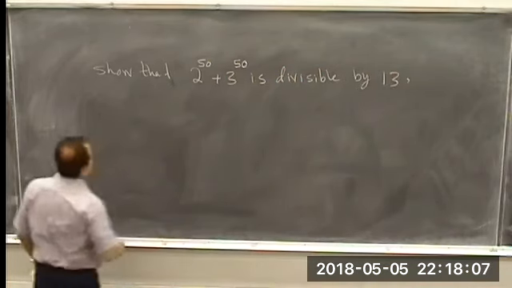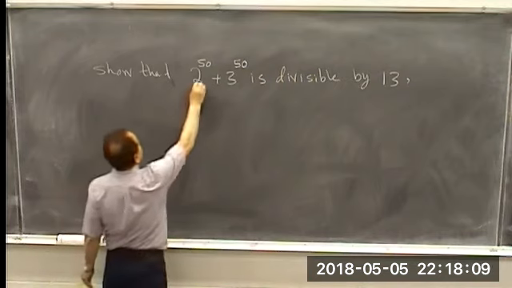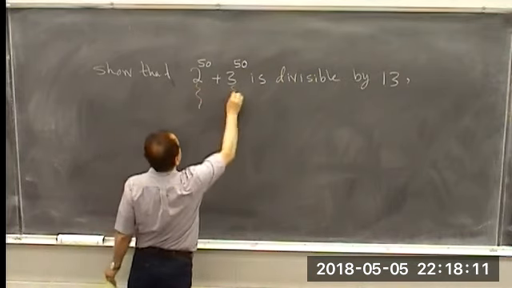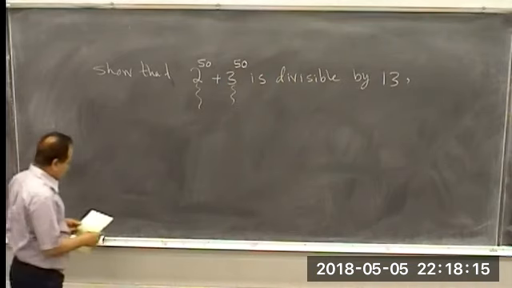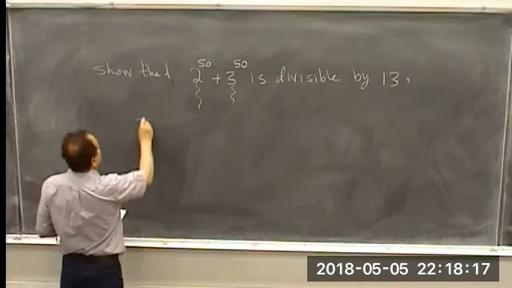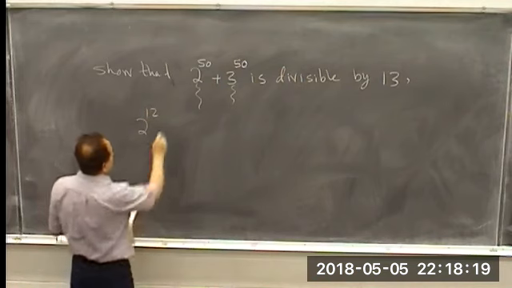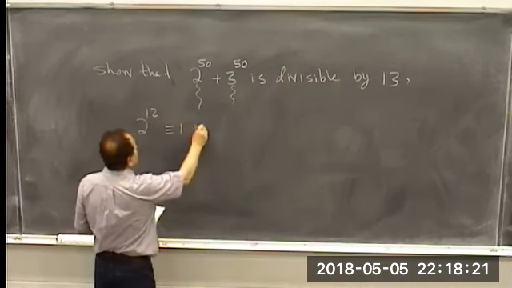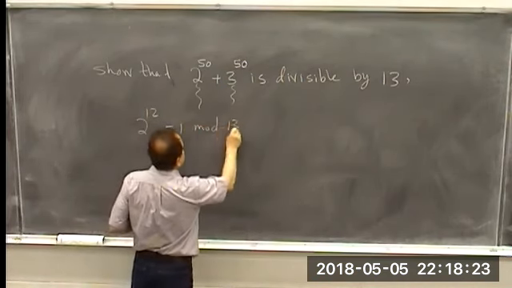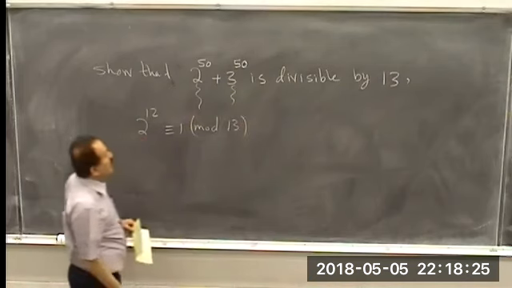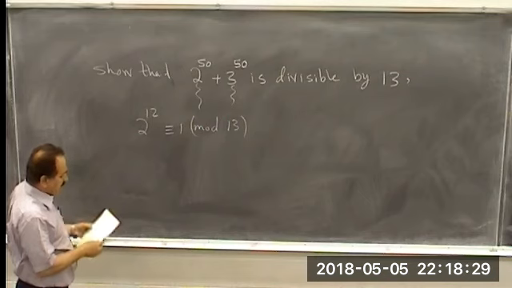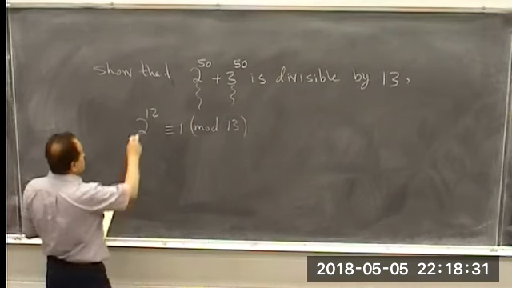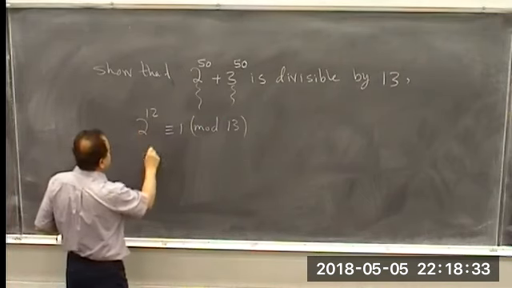Again, we're going to apply Fermat's theorem to both this term and this one, mod 13. We start with 2 to the 12, which is 13 minus 1, is congruent to 1 mod 13. We want to build this up to 50, so we raise this to the power of 4.